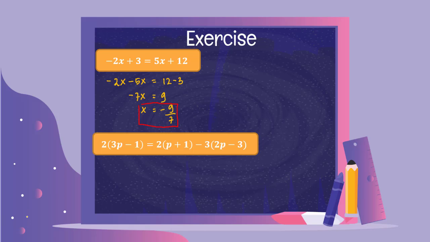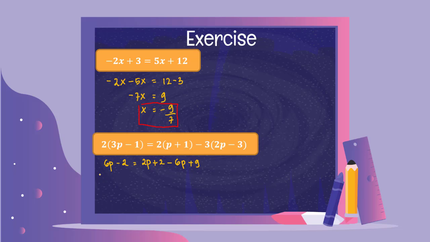And for question number 2, because there is a bracket operation, we have to solve it first using the distributive law. So 6p minus 2 is equal to p plus 2 minus 6p plus 9.